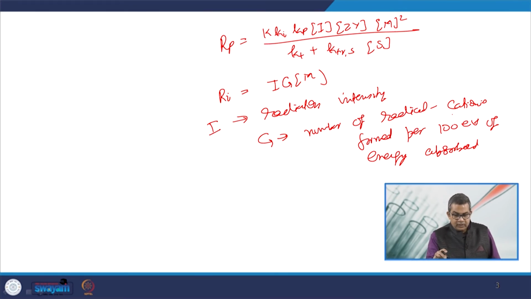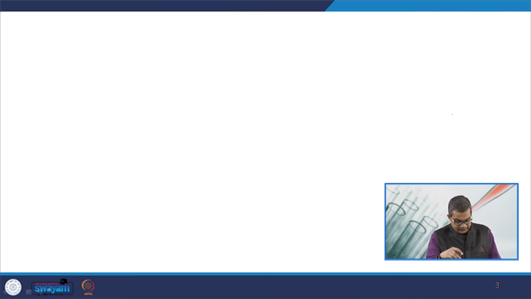Now in sufficiently pure systems, where the concentration of water and other terminating agents is in the range of 10 to the power minus 7 to minus 10, the termination of the propagating carbocation centers occurs by combination with negative fragments.